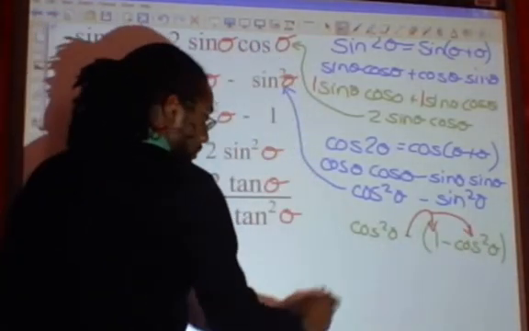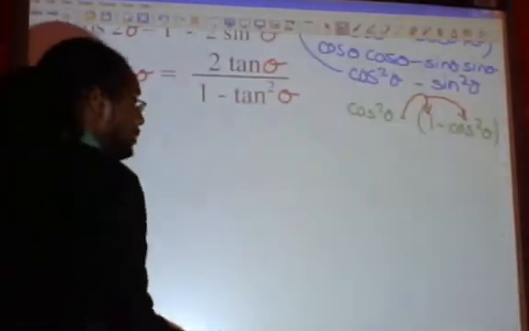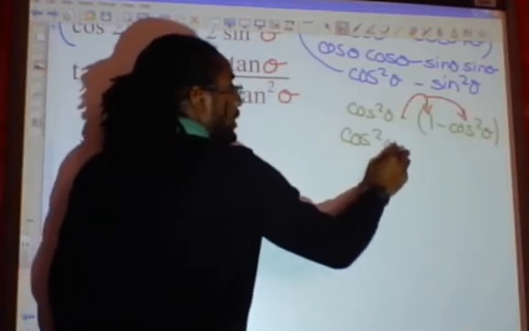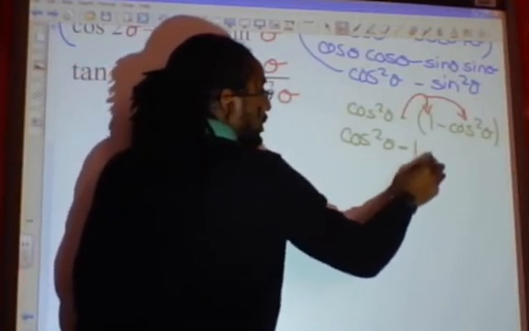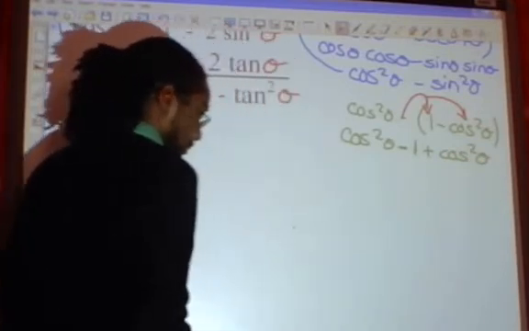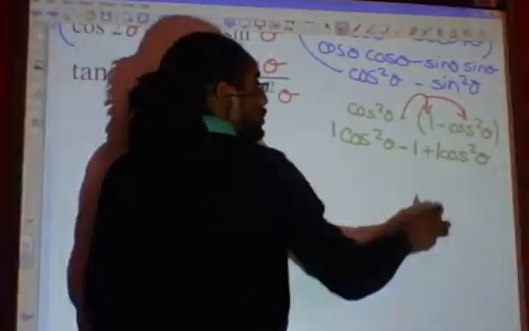that would give us, let's move this up some so I can see it, cosine squared theta minus 1 plus cosine squared theta. And once again, we have an understood one here.